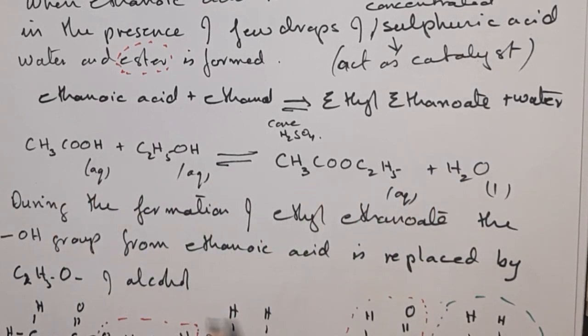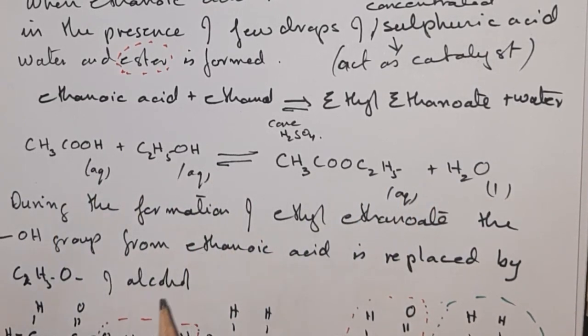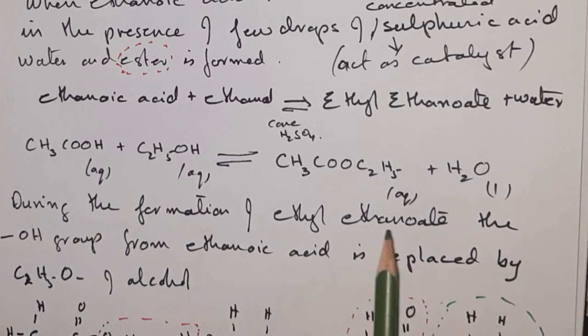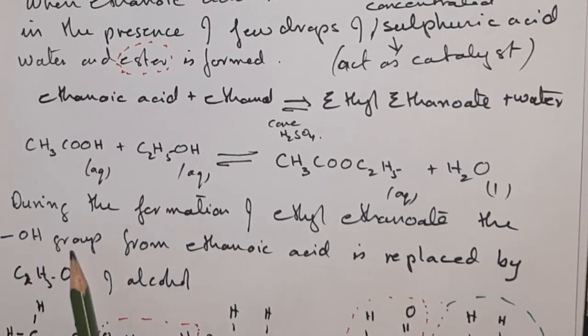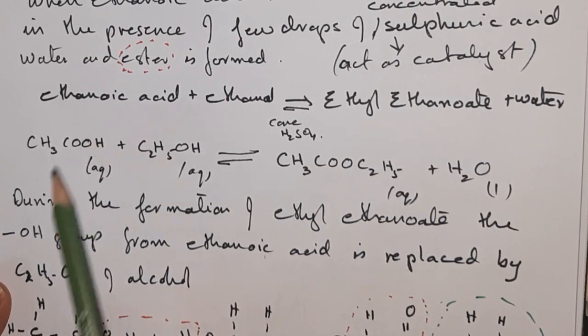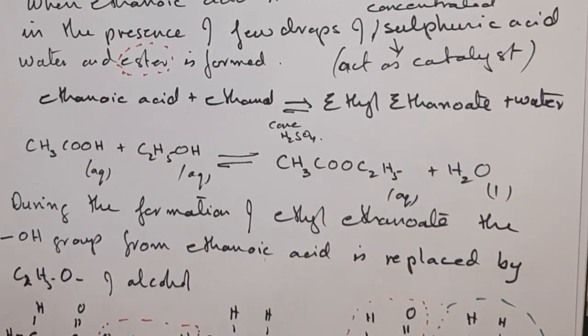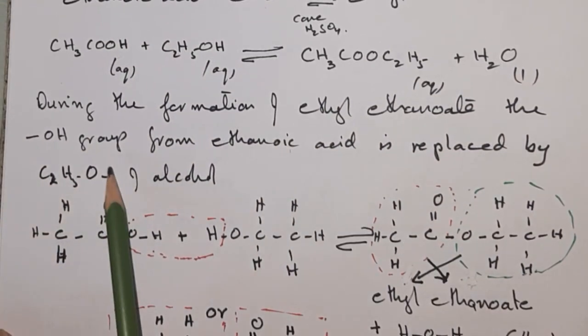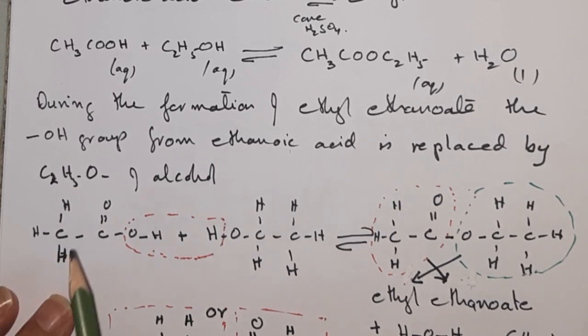Now this is the reaction I have written. I will explain it under it. During the formation of ethyl ethanoate, this OH group from the ethanoic acid is replaced by this group of alcohol.